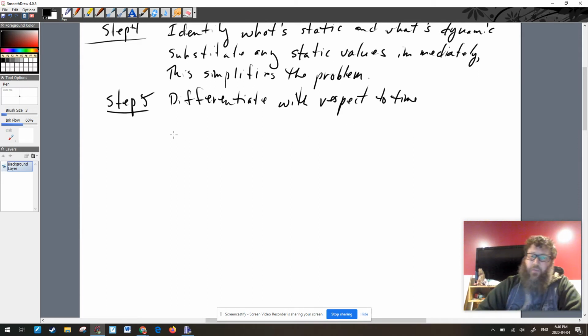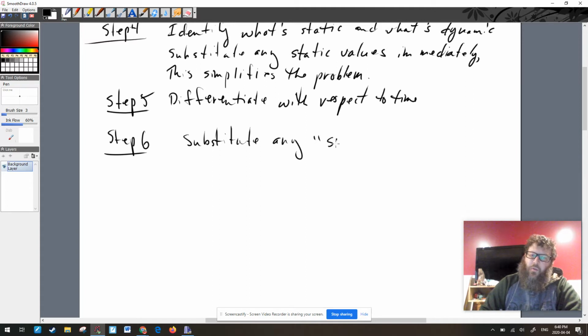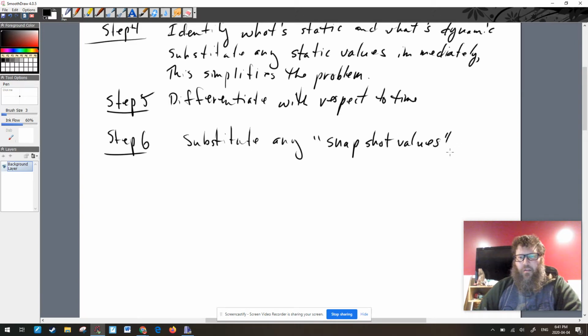After we've differentiated with respect to time, step 6 is we're going to be able to substitute any, in quotes, snapshot values. What I mean by snapshot values are things like when the room was 3 meters long.